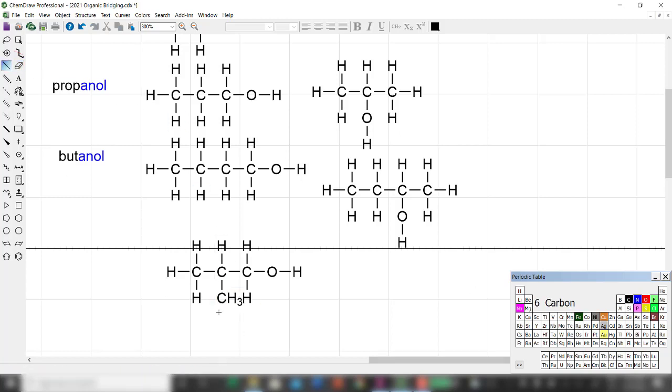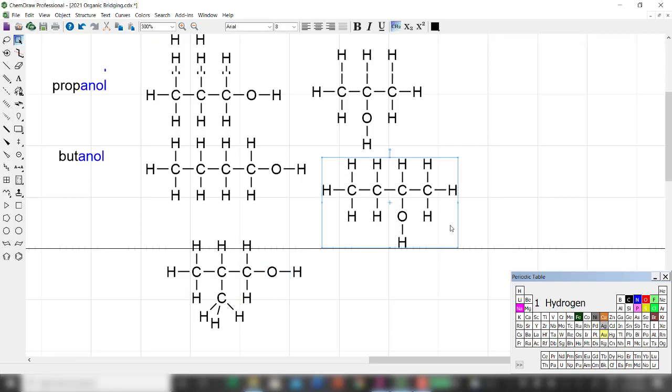I'm just going to draw out the H's for illustration purposes, but in most cases, you actually don't have to draw all the H's. So you can see that now I have a branch group over here, but this still remains as a primary alcohol.